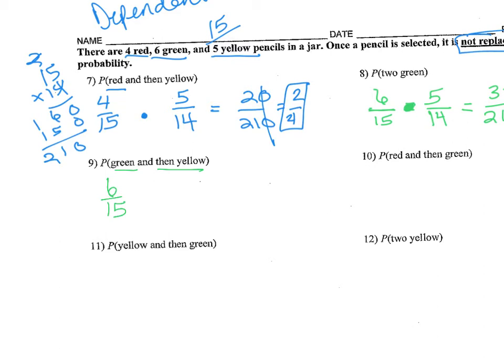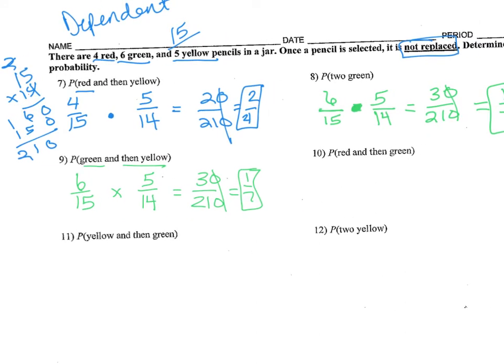So it's going to be over 14. I have one less pencil in that box. How many yellow pencils are still in there? 5. Multiply these together. We did just do this. 1/7. That makes it easy. Again, the same number. 30 over 210 reduces down to 1/7.